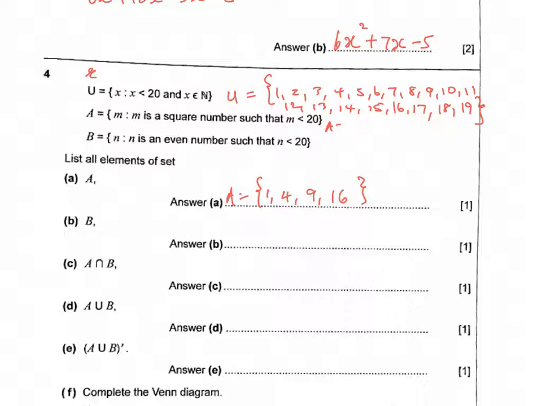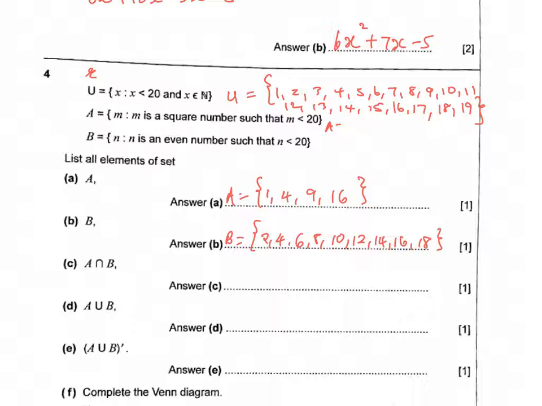B is what? N such that N is an even number that is less than 20. So we now list out the elements of B. Even numbers less than 20, we have 2, 4, 6, 8, 10, 12, 14, 16, and 18.